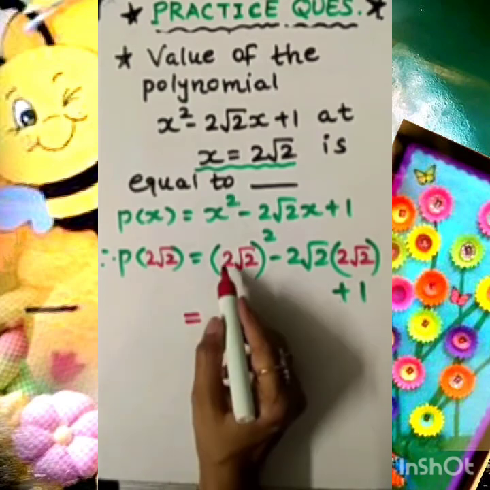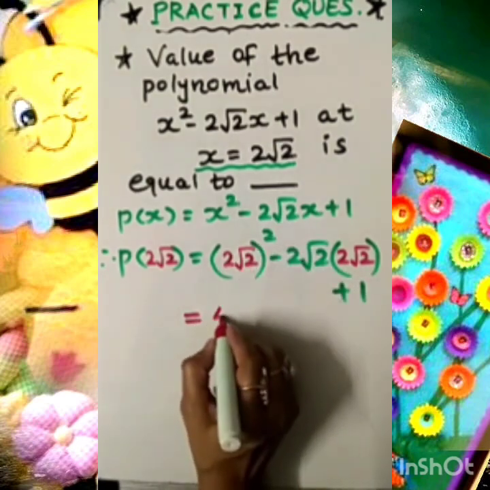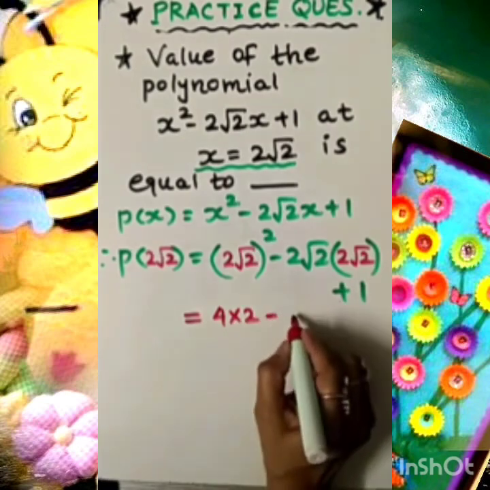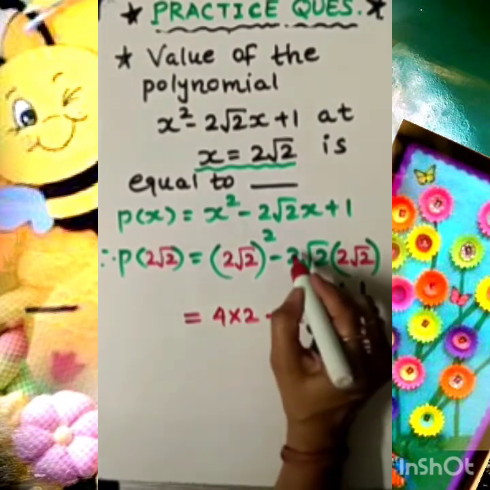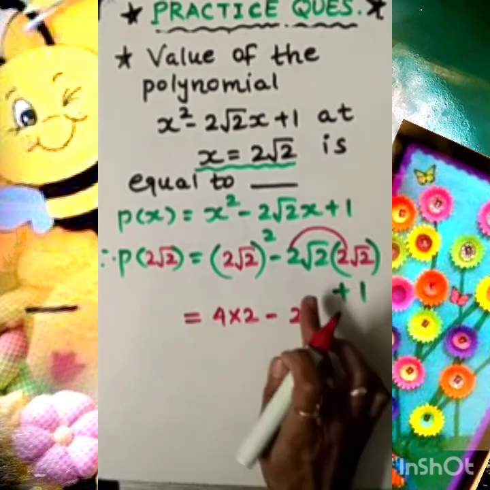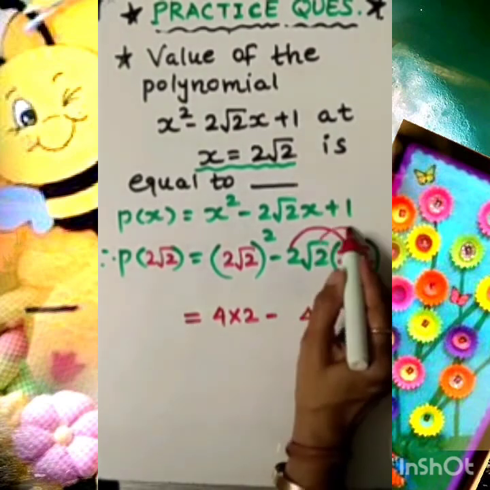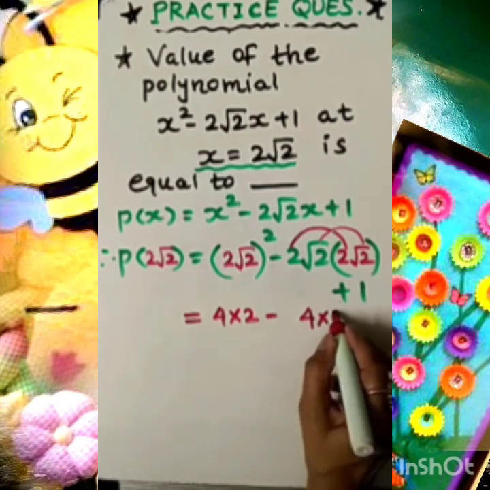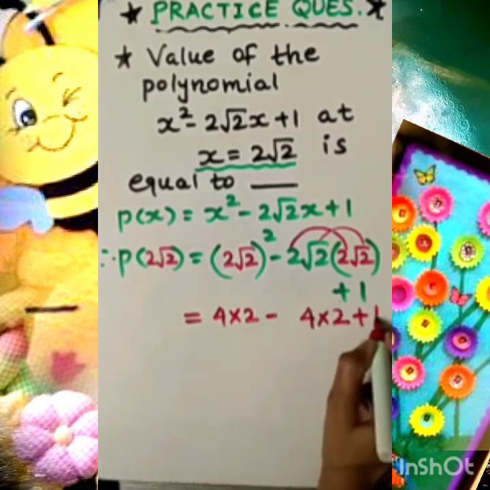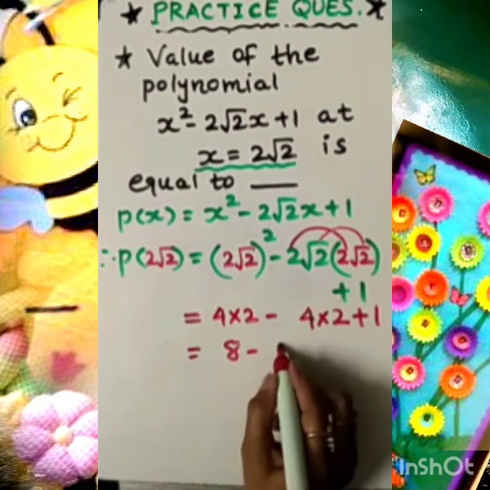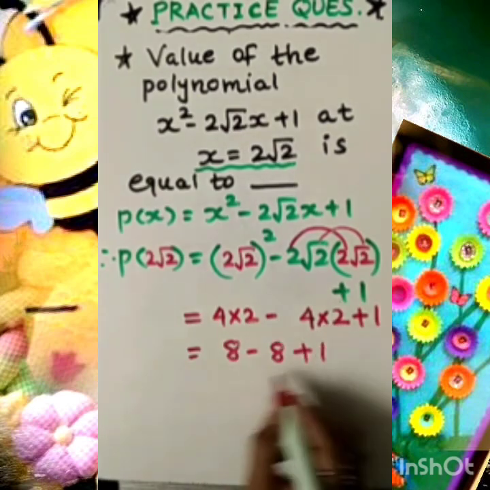Next, what is 2 root 2 square? 2 square is 4, root 2 square is 2. 2 root 2 into 2 root 2: first 2 into 2 is 4, root 2 into root 2 is 2. And this is plus 1. 4 twos are 8, 4 twos are 8, plus 1.